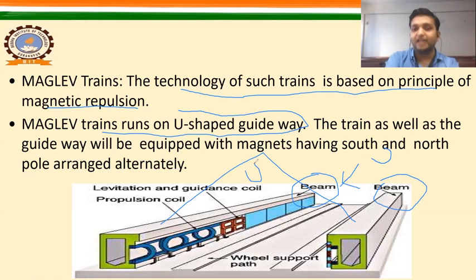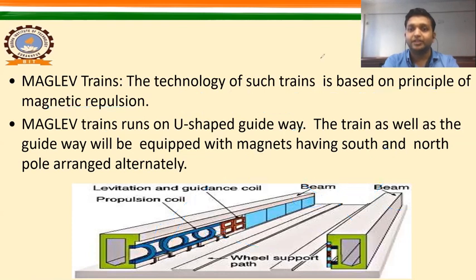This guideway is equipped with the magnets, so it will follow the principle of magnetic repulsion, right? And you can see that these magnets have south and north poles arranged alternately for these types of maglev trains, right?